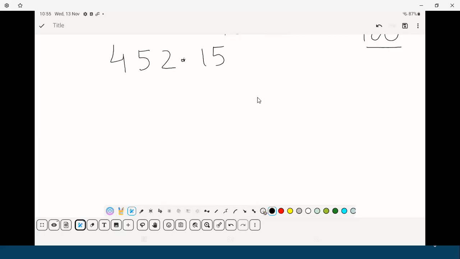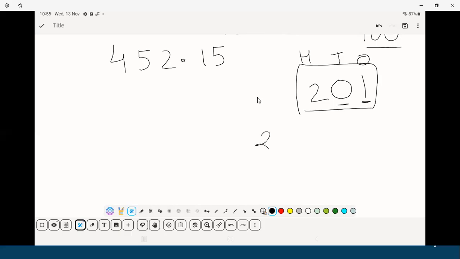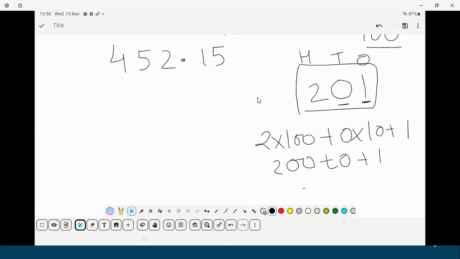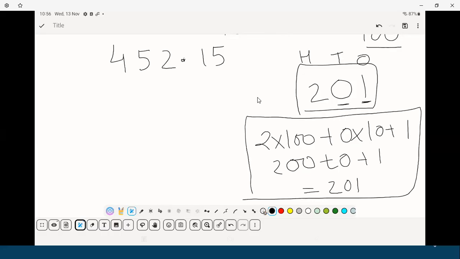If you have a non-decimal number, suppose 201, how will you represent it in the expanded form? That will be in the position of ones, tens, and hundreds. So you simply write 2 into 100 plus 0 into 10 plus 1. So that will be 200 plus 0 plus 1. That will be 201. So it's the same way we will represent the decimal numbers.